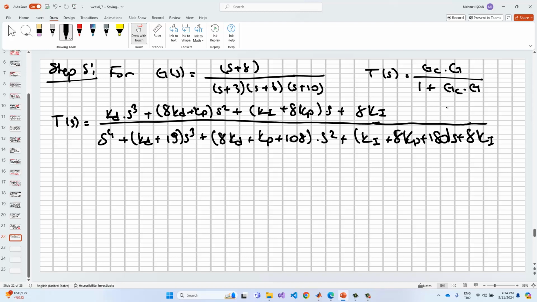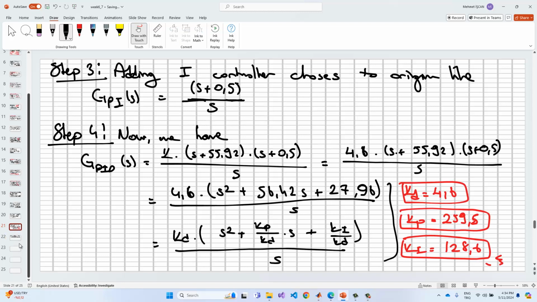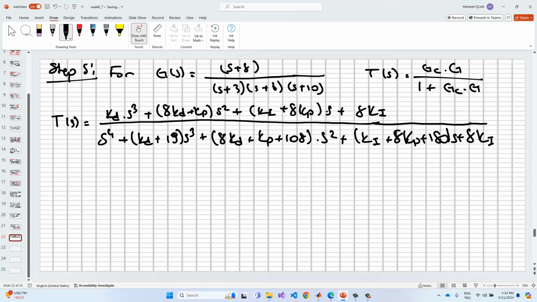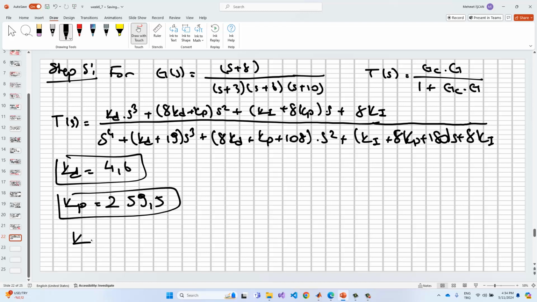So if you put Kd, Kp, and Ki into this diagram, where Kd is 4.6, Kp equals 259.5, and Ki equals 129.8, then we can see that this system provides the transient and steady state response of our desired roots.